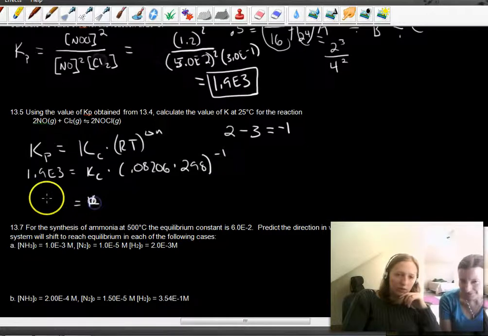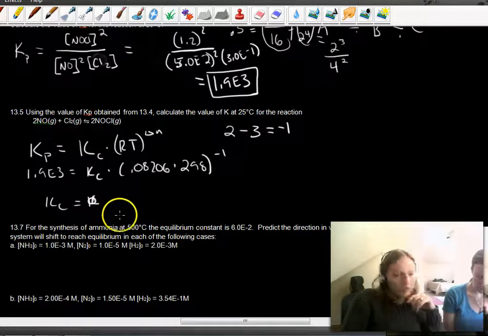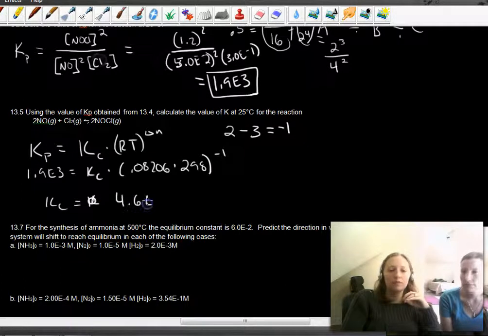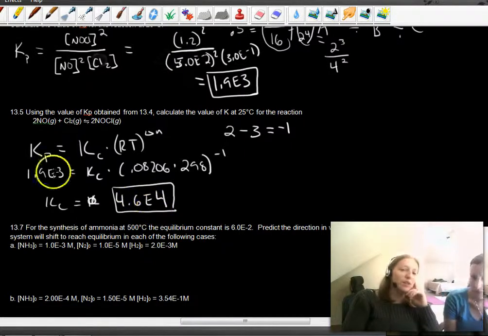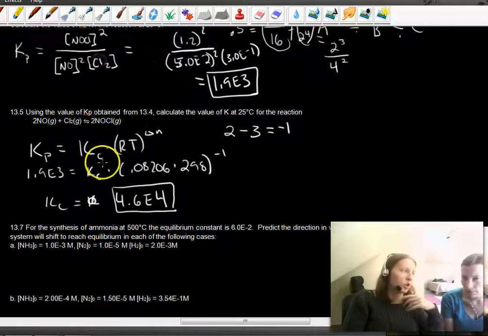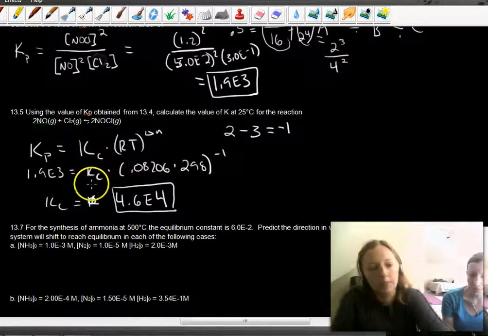So Kc equals 4.6 E4. Alright, so our Kp is 1.9 E3. When you do it with concentrations, it's 4.6 E4. This equation is just showing us there's a simple mathematical relationship between our concentrations and pressures.